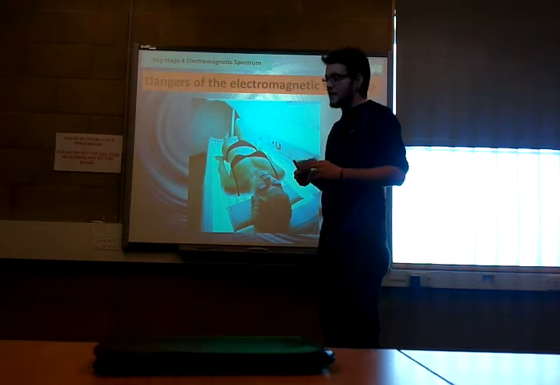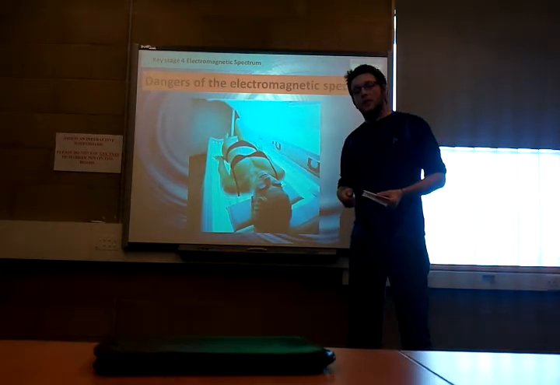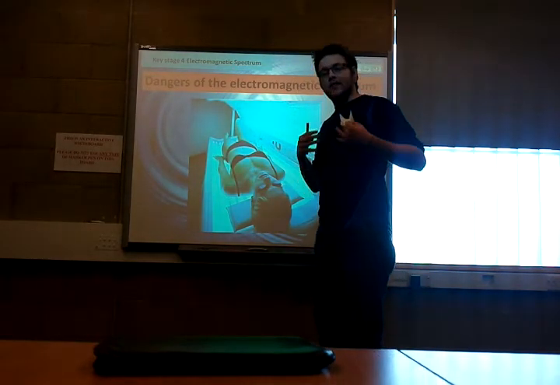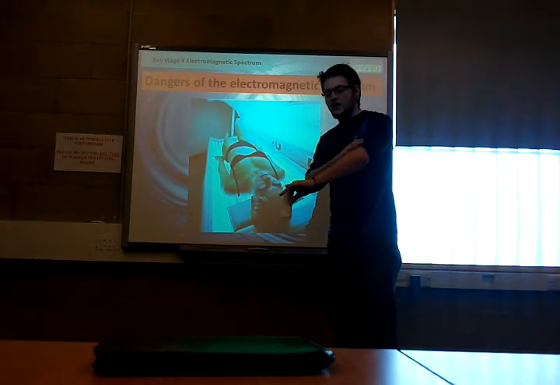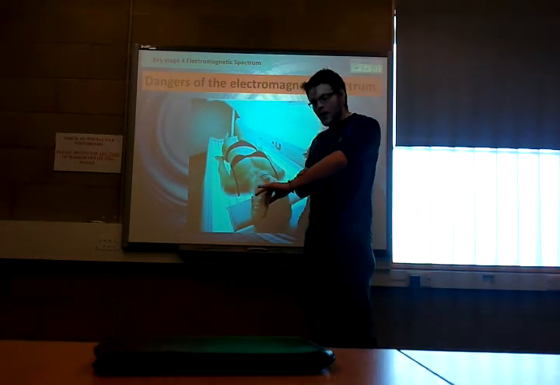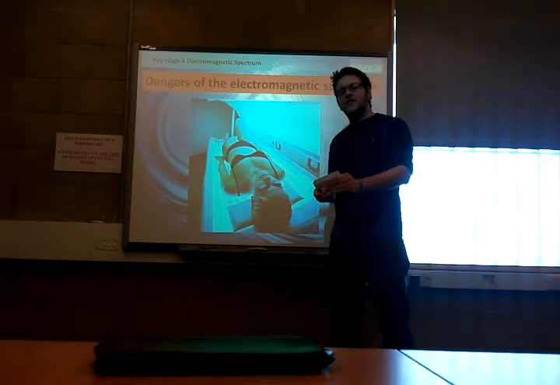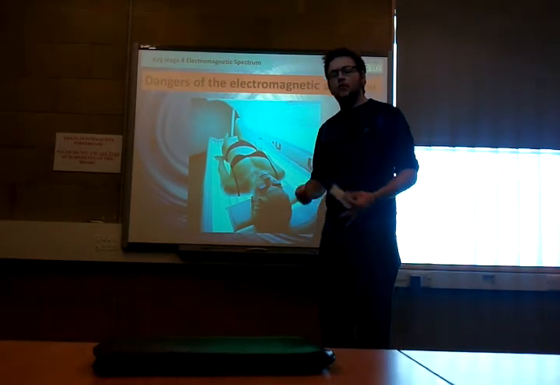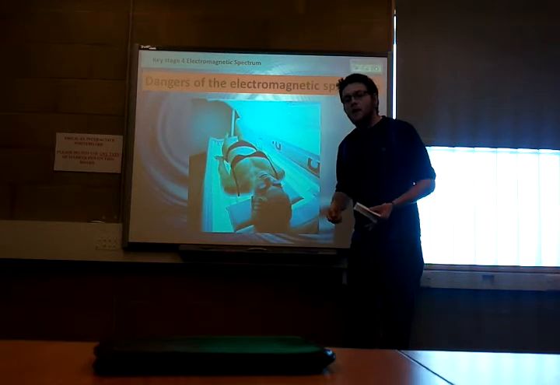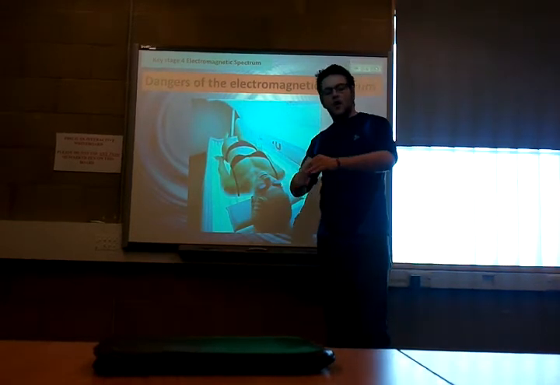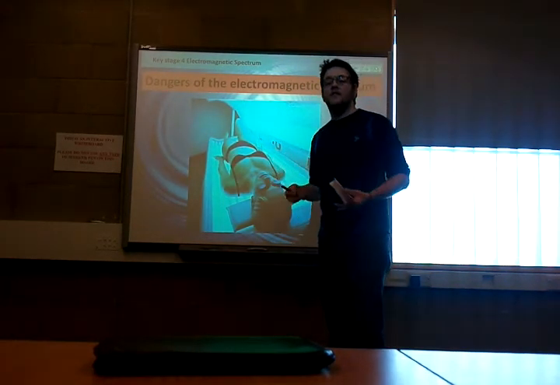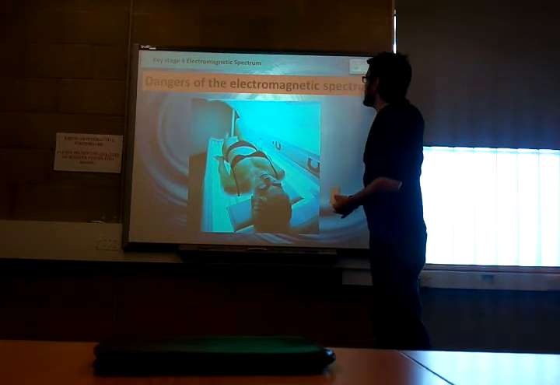UV rays can be quite dangerous to the body. So what the body does as a defence mechanism is it makes the top layer of your skin go dark. The reason for this is that darker skin absorbs the UV rays better, which means that the UV rays can't reach the lower levels of the skin where they can create more damage.